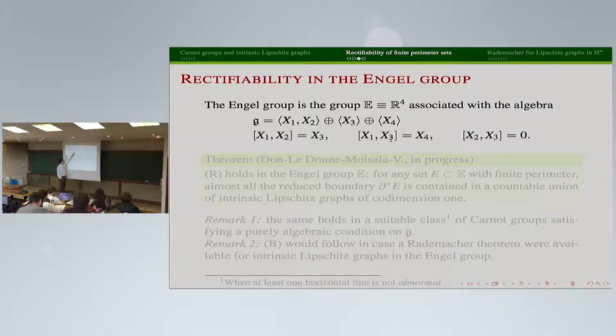So the first layer is two-dimensional, generated by x1 and x2, whose bracket is x3, the generator of the one-dimensional second layer. And then x1 and x3 generate x4, which is the generator of the third layer, while x2 and x3 commute. Okay.